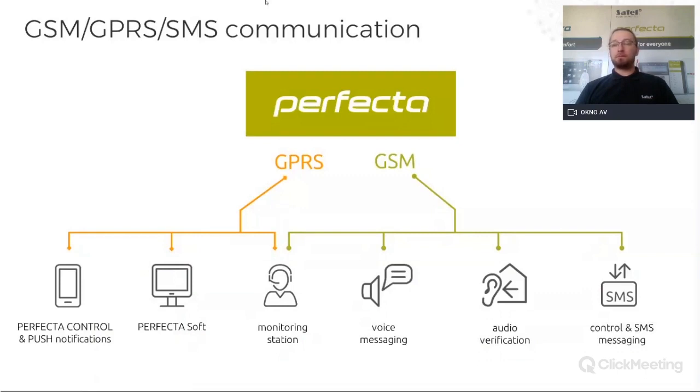About GPRS, please remember that by using GPRS, you will use data transfer. At least in our test, we found out that by using the SATEL server, it communicates all the time with the SATEL servers. And of course, controlling the security system with the mobile application, so normal usage of the security system like arm and disarm twice a day, we found out that it takes 2 months up to 120 megabytes of transfer.